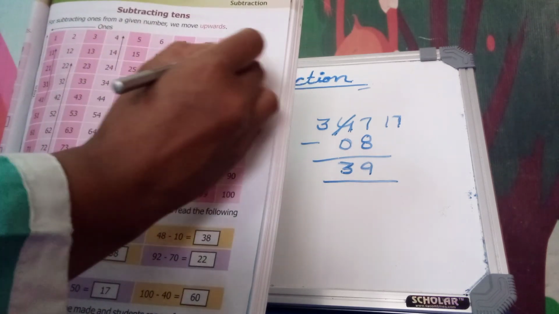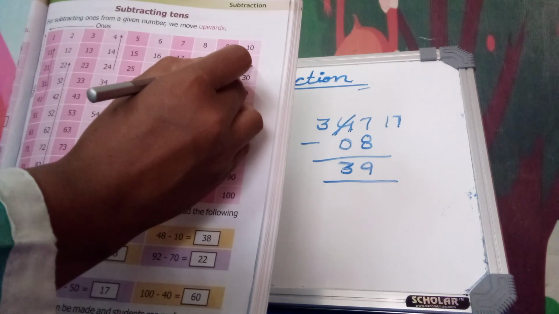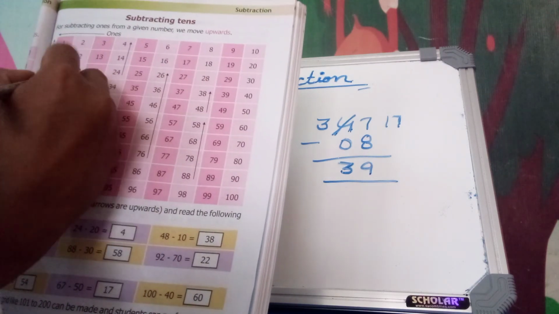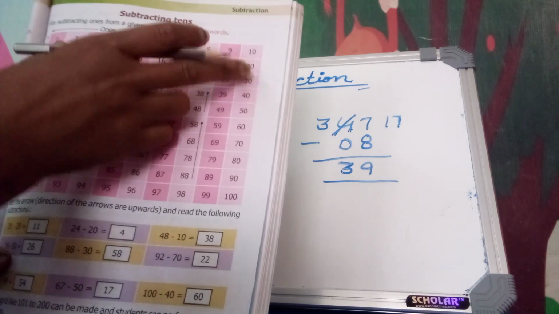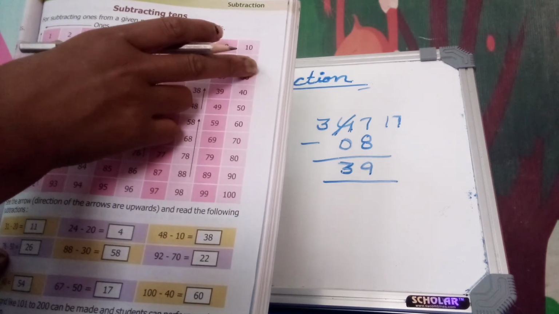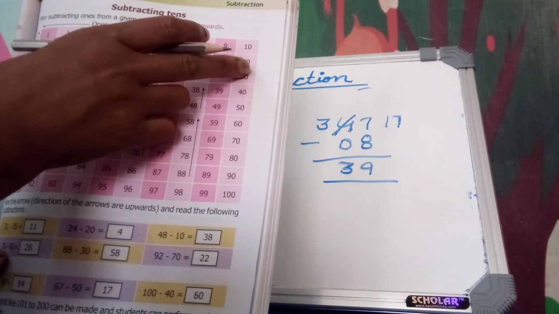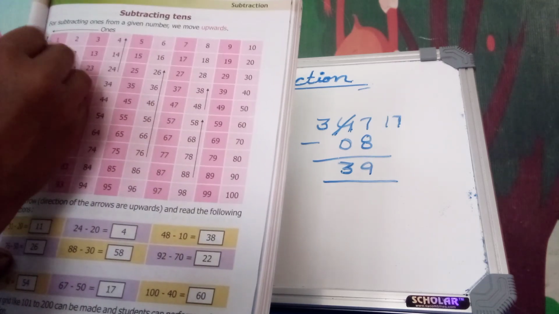These rows are tens. Okay, 31, 1, and the answer will be this one. This tens equals 20, the answer will be 11.